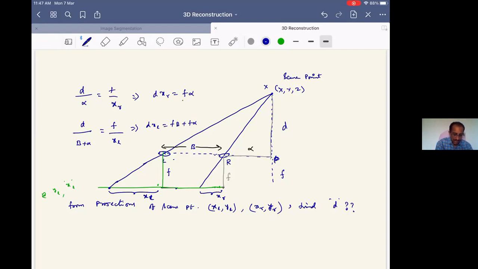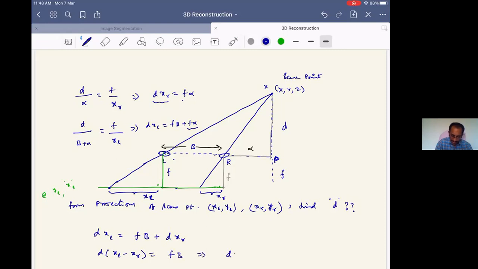So what we can do is, in place of this, we can substitute this. And that gives us dxl is equal to fb plus dxr, or d into (XL minus XR) is equal to fb.